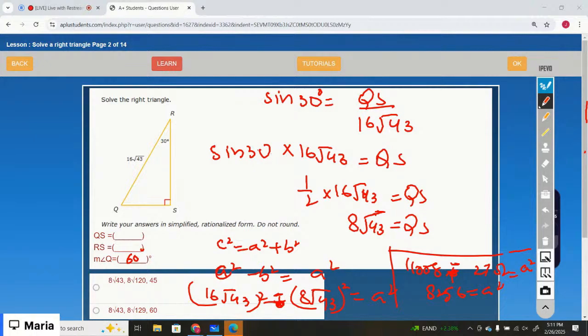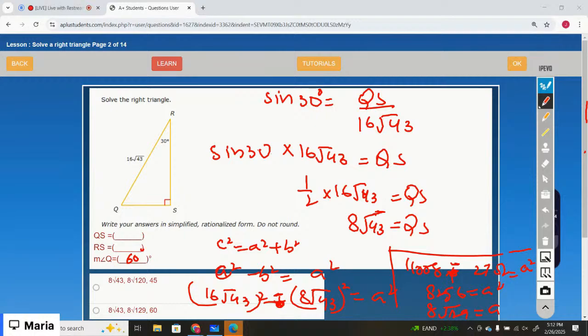The square root of 8,256 is 8 square root 129.